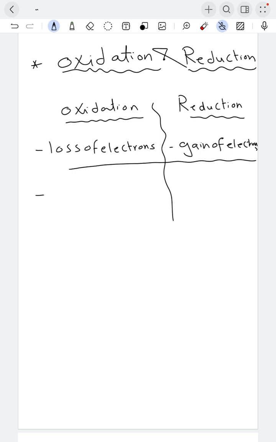We have another definition for oxidation. From its name, oxidation means gain of oxygen, while reduction, its opposite, means loss of oxygen.